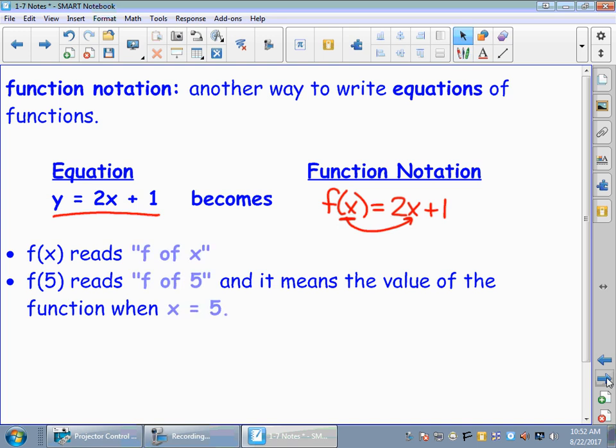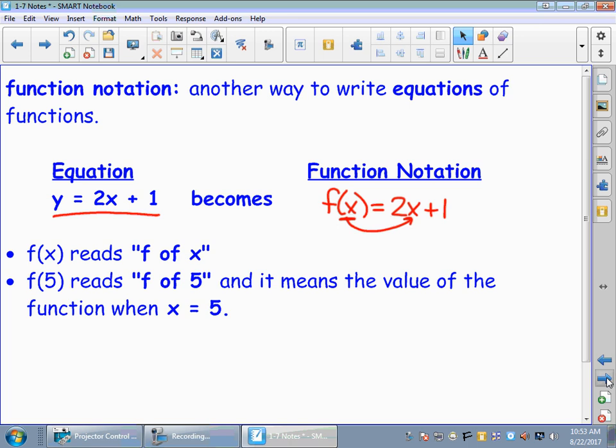Okay, so down below, f parentheses x reads f of x, the function for this value of x, the function for 5. f parentheses 5 reads f of 5. It means the value of the function when x is 5.